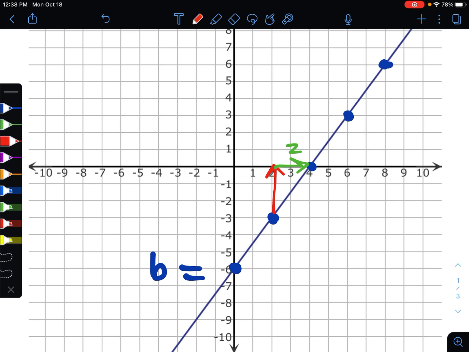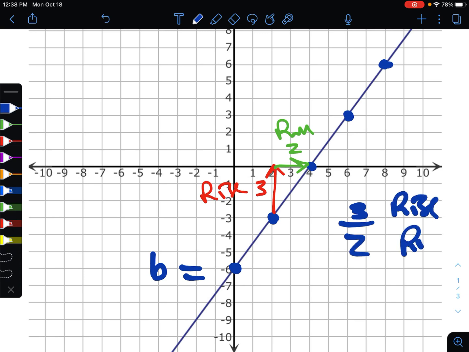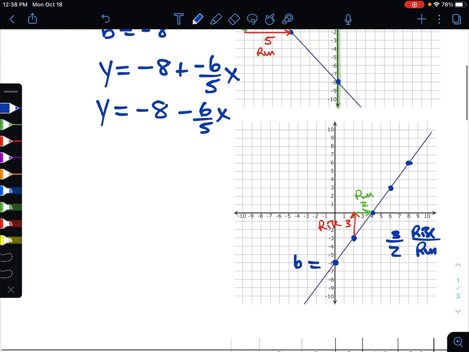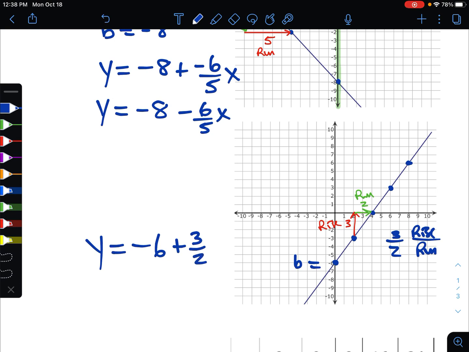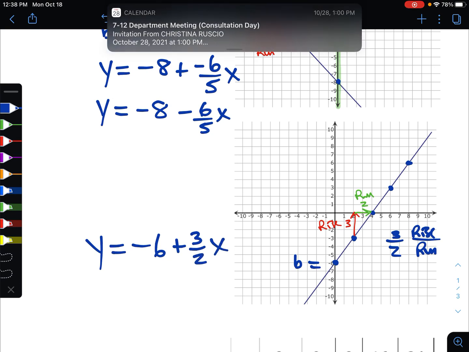Looks like a 2 and a 3 there. So the rise is 3, the run is 2, so our slope is the rise over the run, that's 3 over 2. Then our equation would be y equals our y-intercept -6 plus 3 over 2x.